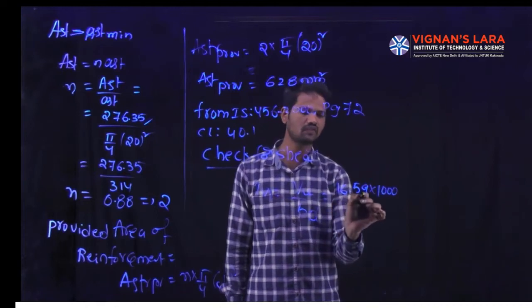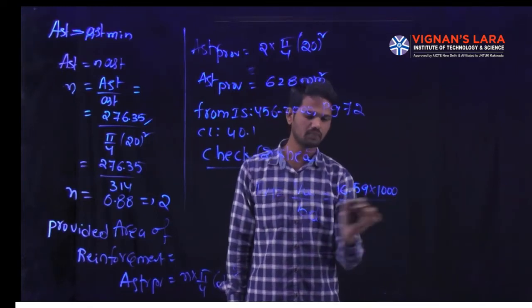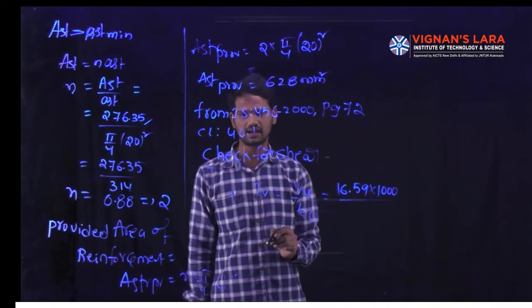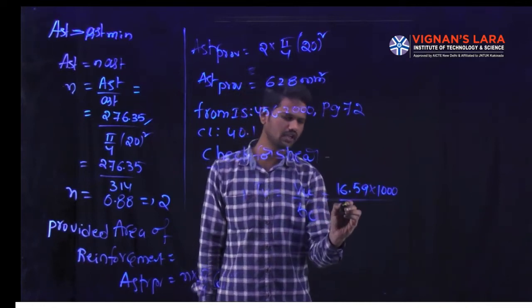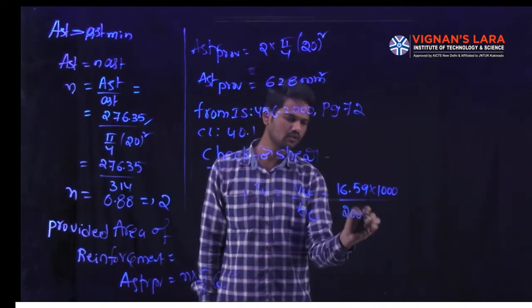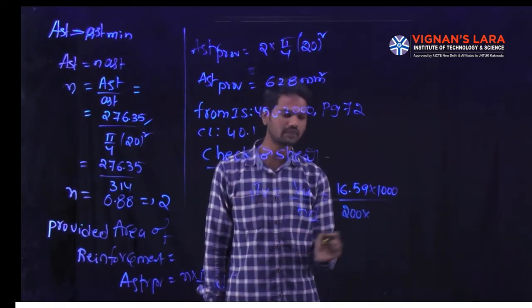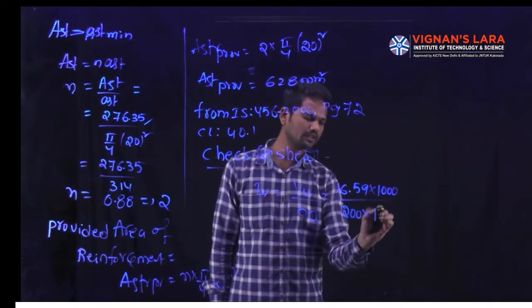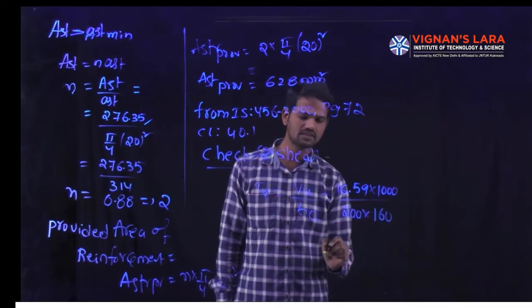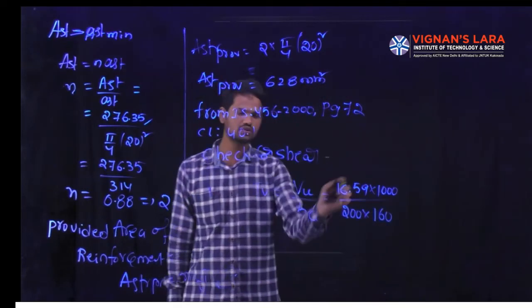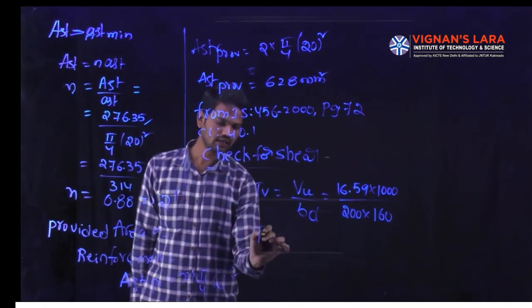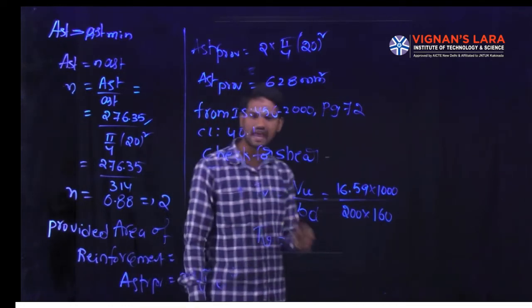That means 16.59 into 1000 divided by B, where B is the width of the beam. The width of the beam I am taking as 200 mm, and small d is the effective depth of the beam, which we are taking as 160 mm. If you substitute these parameters, you will get the shear acting on the beam.